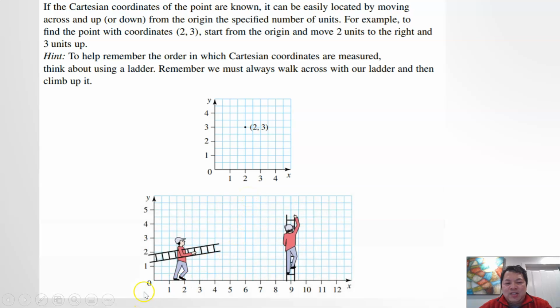Since this is (2, 3), you have to walk two steps and climb 3 of them. Always remember you have to walk in the horizontal manner first, then you climb upwards. Always remember the x-axis first, anything that's horizontal first, then you deal with the vertical.